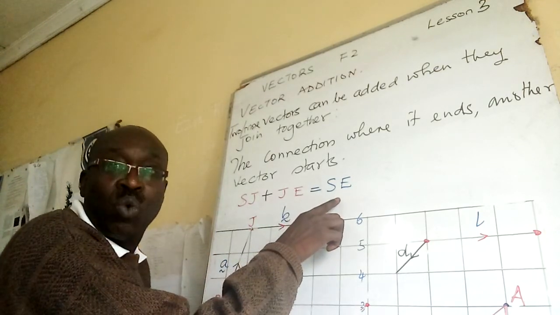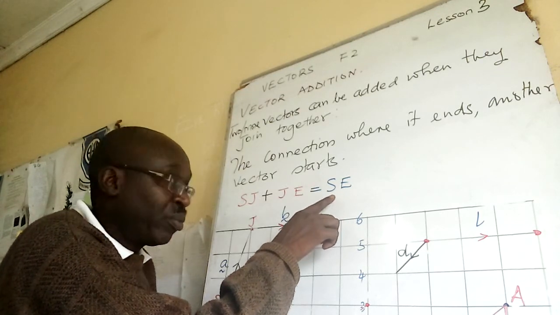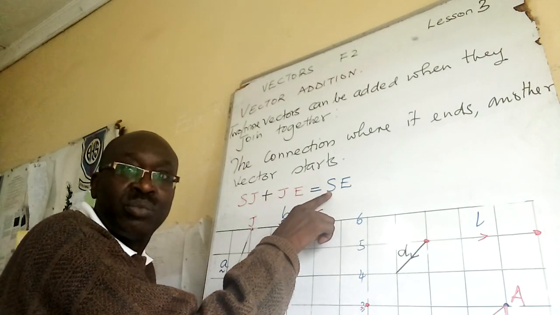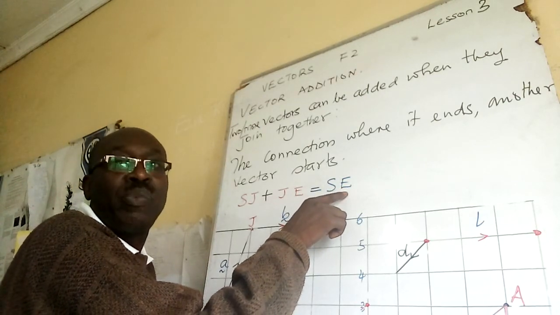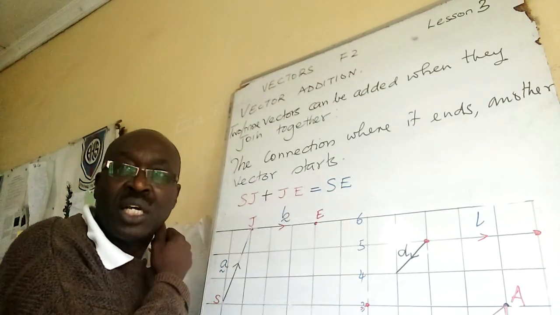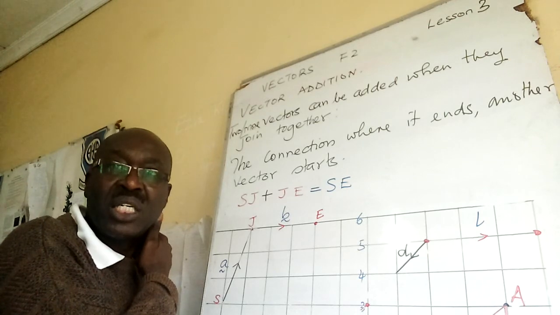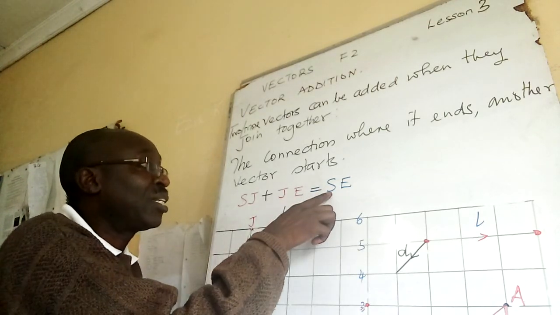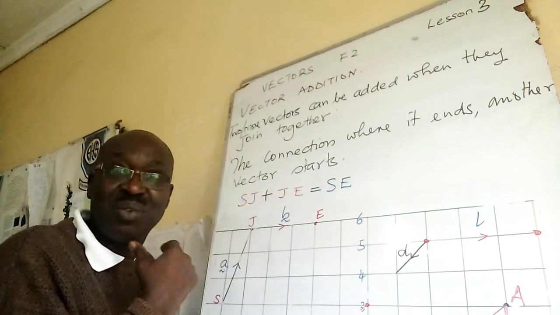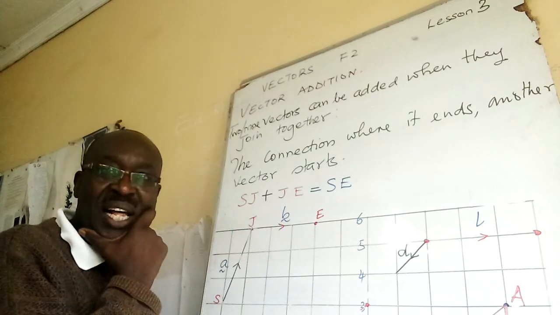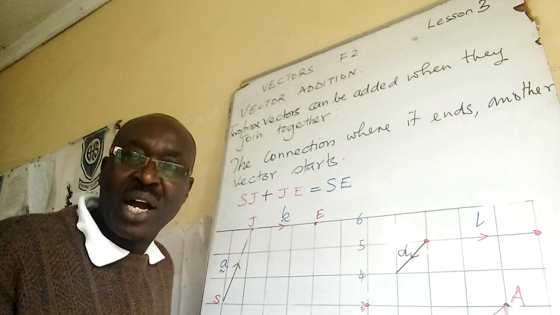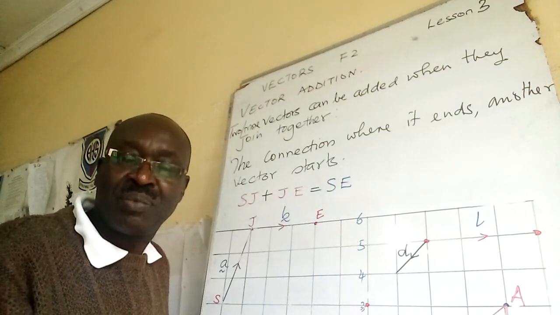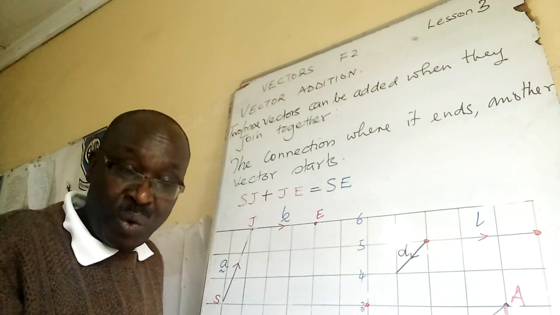So what was your aim? To move from South C to some point E. Embakasi. South C, Embakasi. Good example. Where are you going? I'm going to Embakasi. Where am I now?